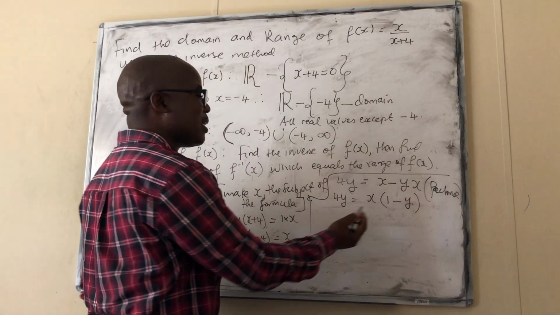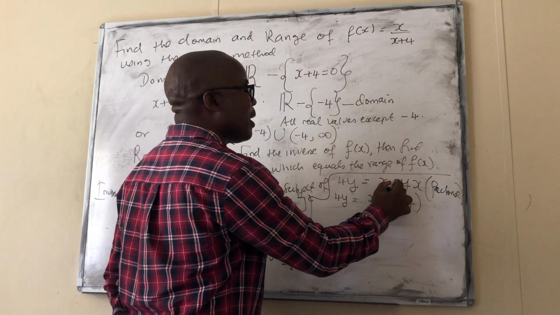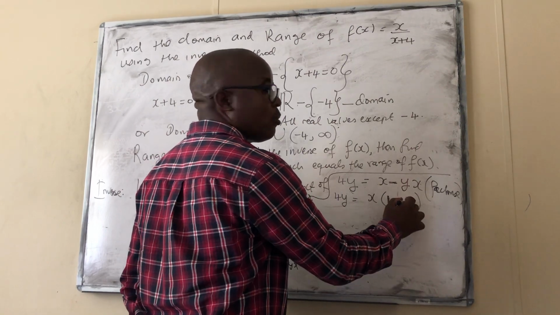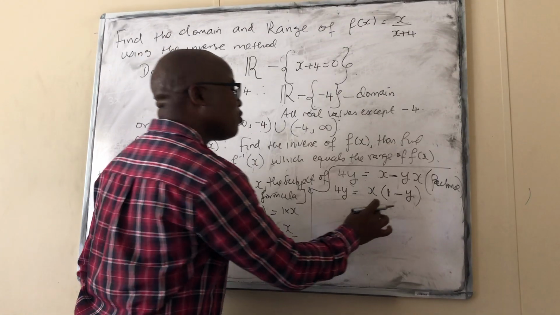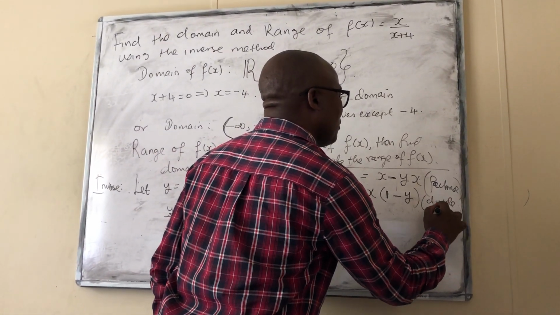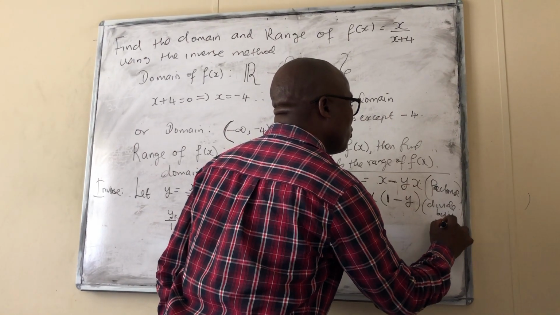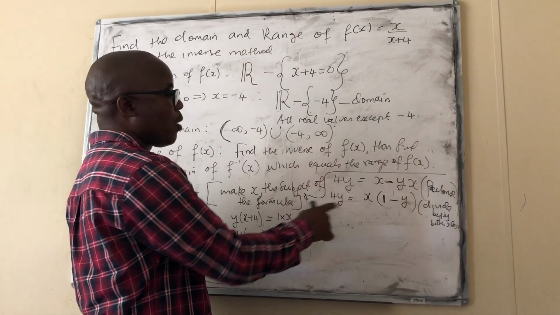When I factorize, x into x once, so that will be the 1. The minus is this minus. x into y, x cancels, you remain with the 1. Now I have 1x. I have to get rid of this, so I divide by 1 minus y both sides.